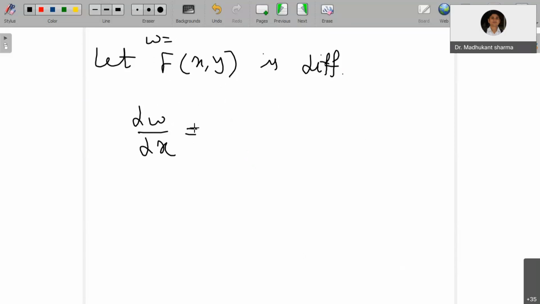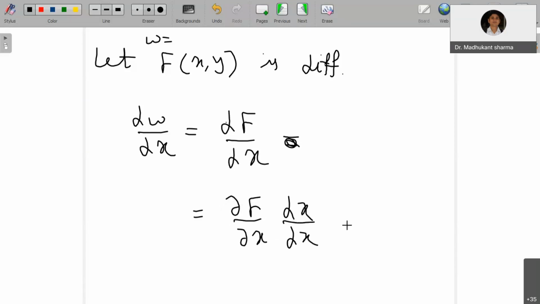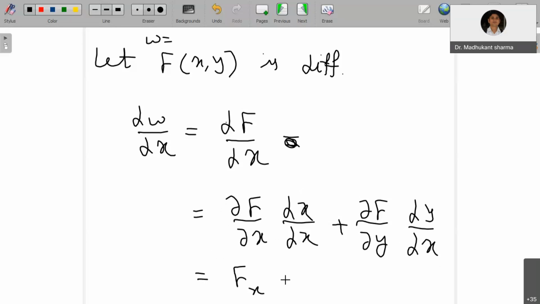So dw by dx is df by dx, and when you apply the chain rule, it is dou f by dou x times dx by dx plus dou f by dou y times dy by dx. So dx by dx is 1. So you have fx plus fy times dy by dx.